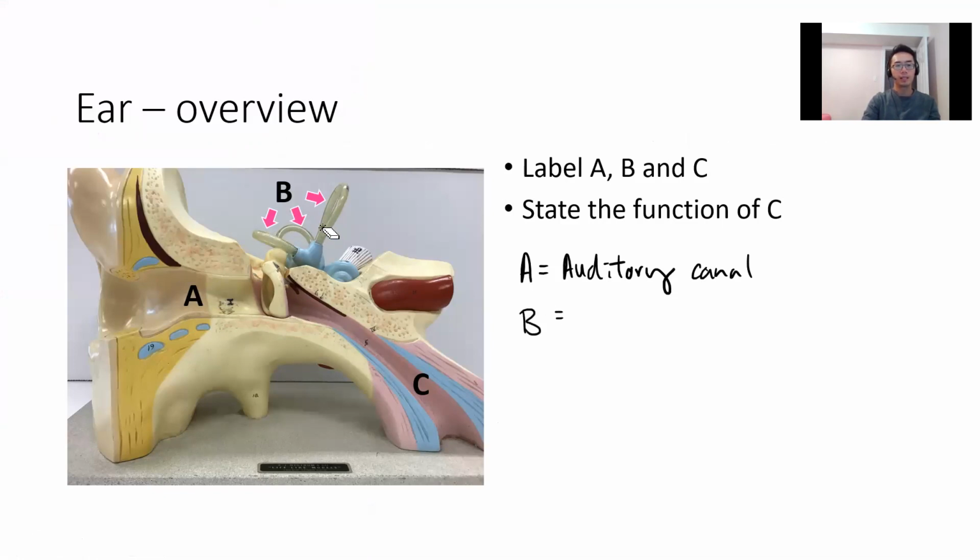B, these little tubes. Anybody can tell me what they are? Semicircular canal. That's right, semicircular canal, for detecting rotational motion of the body.